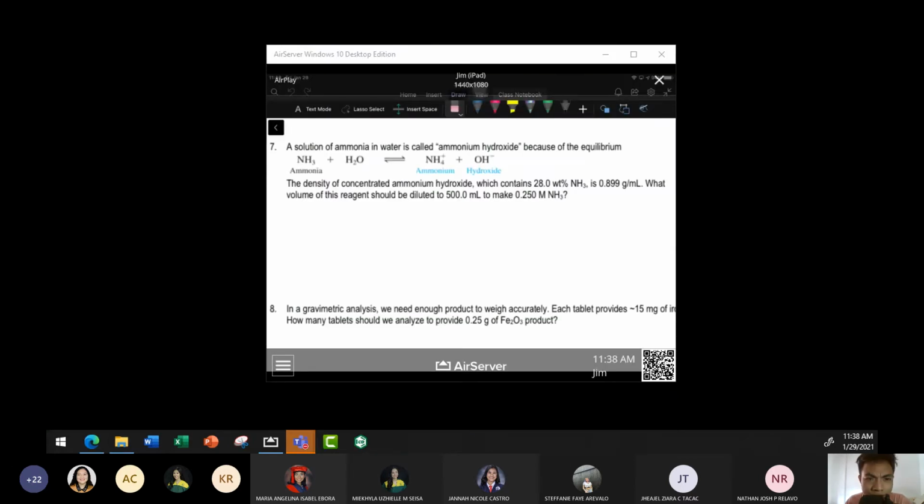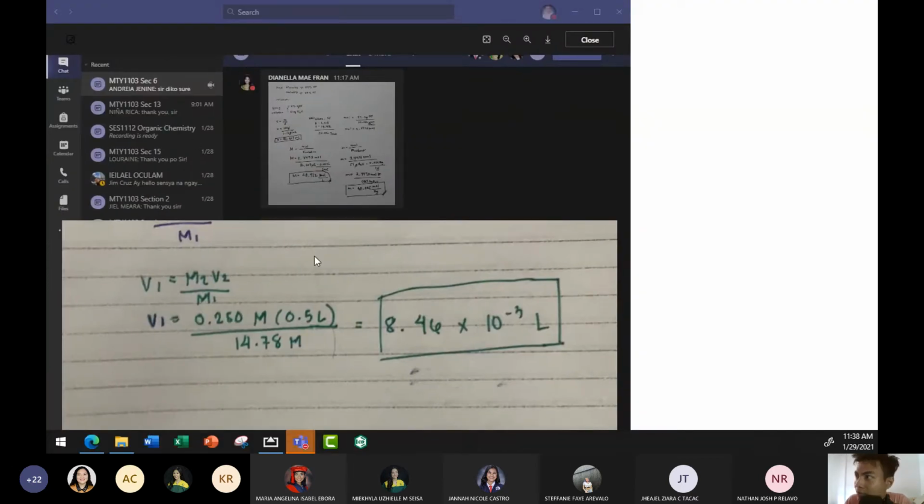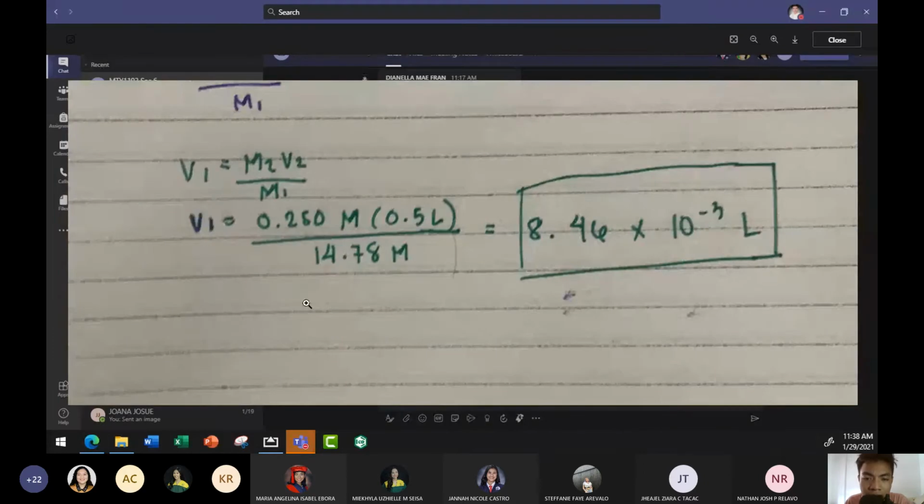So let's have this one for the volume of the ammonia that is needed to be diluted to 500 ml, so we will have 0.25 molar ammonia. So that's MIVI equals MFVF. Since you're solving for VI, we have the equation MFVF over MI.